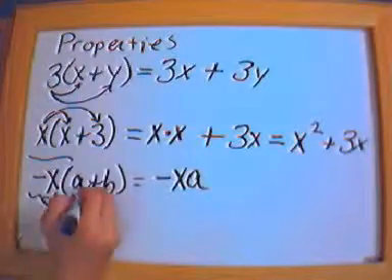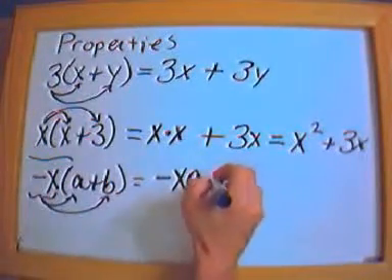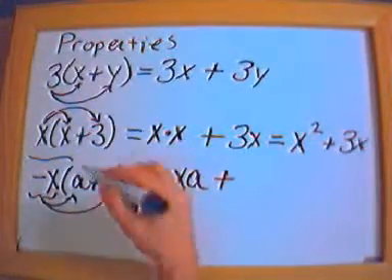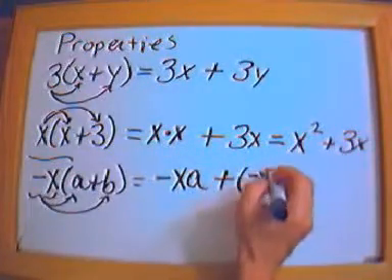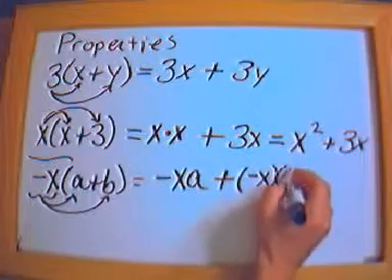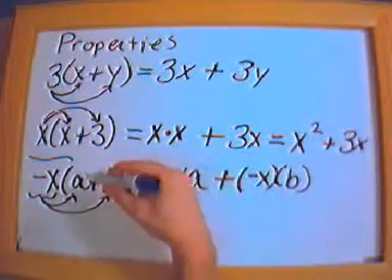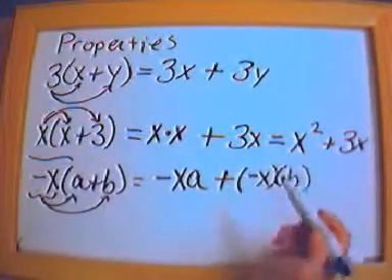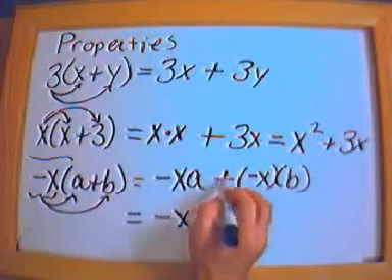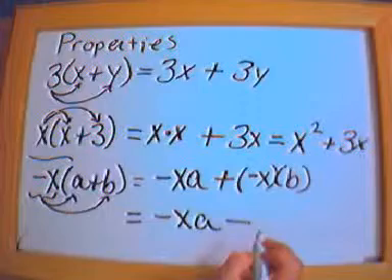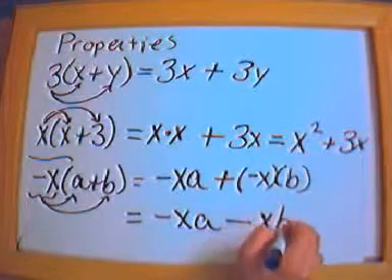I'm not going to skip any steps. I'm going to carry the plus because plus is already there, and I'm going to use parentheses here to be clear. Minus x times b. I've carried the plus from here and I've used the minus x here. Now this is simply equal to minus xa plus a negative, which we learned from before is just minus xb.